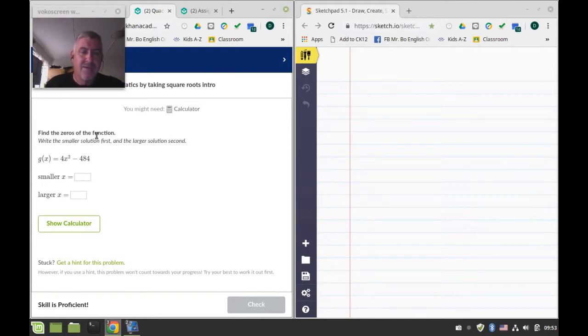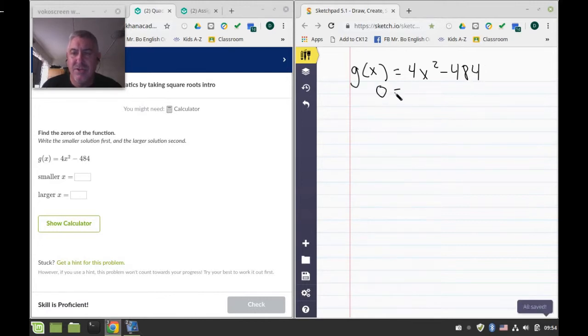Okay, so let's read our problem. Find the zeros of the function. So that means that when the function is 0, write the smaller solution first and the larger solution second. So our function is g of x is equal to 4x squared minus 484. And we want to know the 0, so we want to know when that is 0.